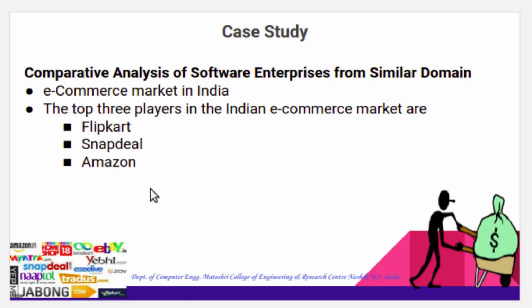Then next is Amazon. Amazon launched in India in 2013, three years after Flipkart was founded, and Snapdeal already has a formidable presence in the country. The company's investment committed in India has higher total funds.